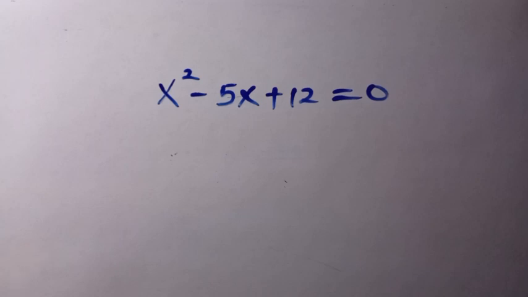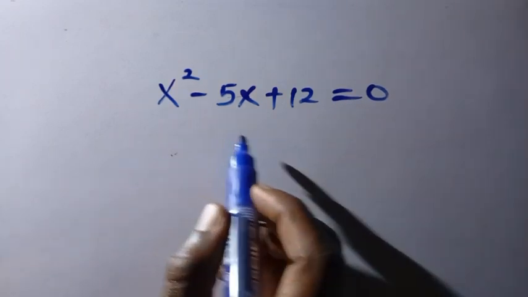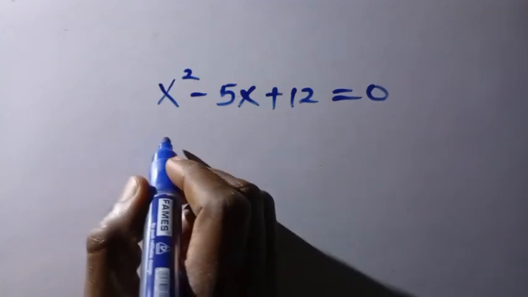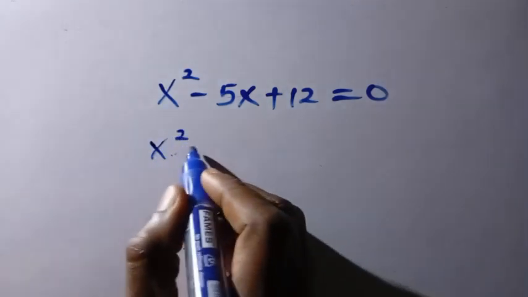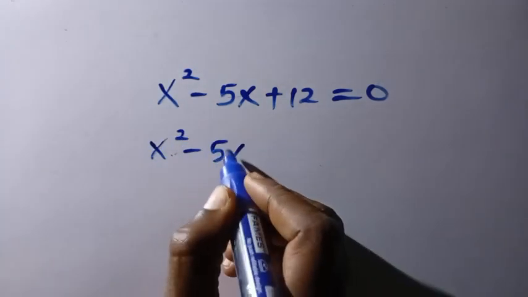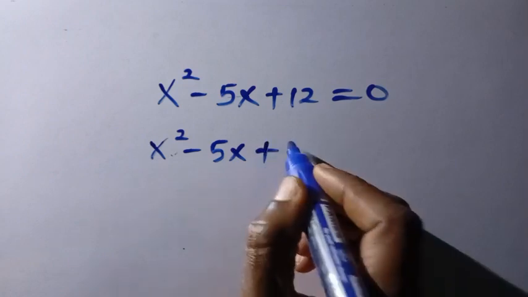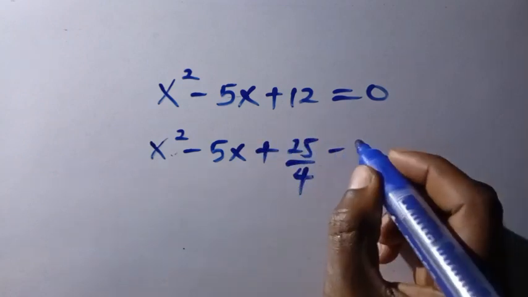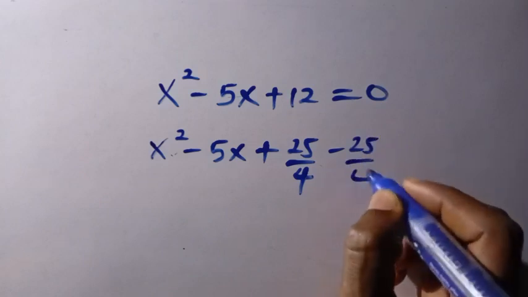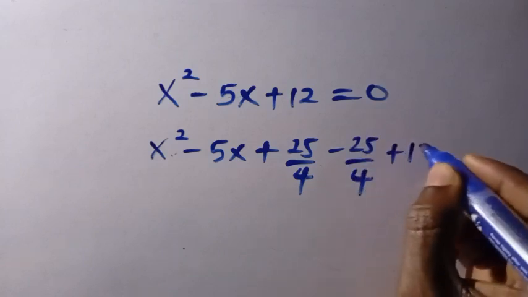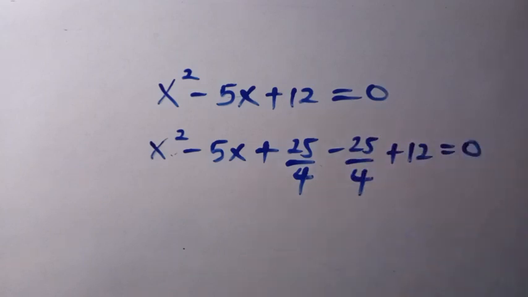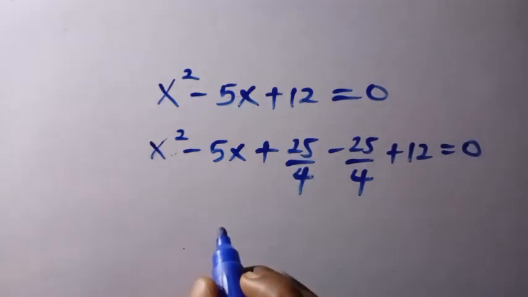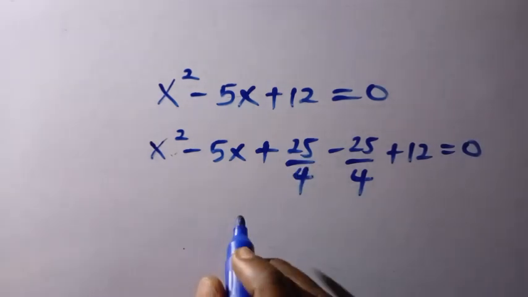If this is what we have, then from here let's add 25 over 4 to this. We have x squared minus 5x plus 25 over 4 minus 25 over 4 plus 12 equals 0. Then 25 over 4 is the same thing as 5 squared divided by 2 squared.